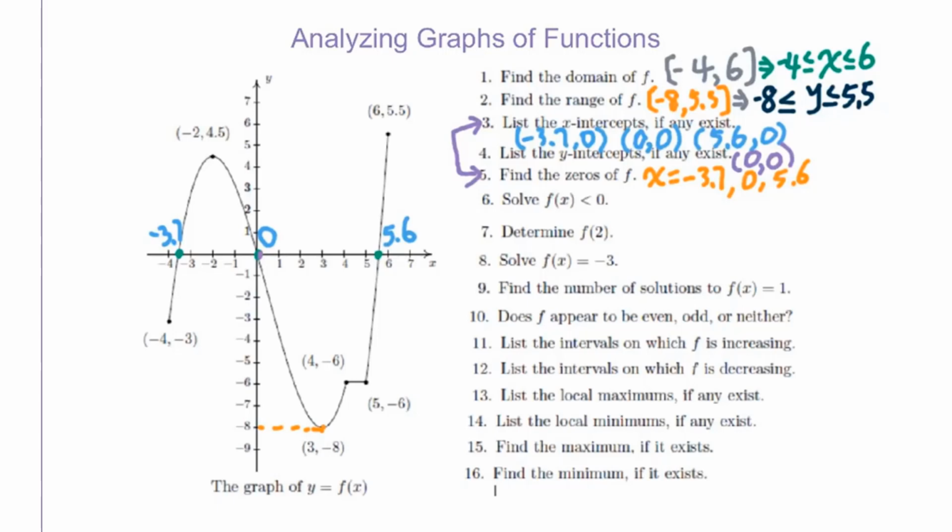For number 6, solve f(x) less than 0. f(x) means y. Y less than 0 means we need to look for those parts of the function whose y-coordinate is negative. Which part of the graph has a negative y-coordinate? It will be below the x-axis.